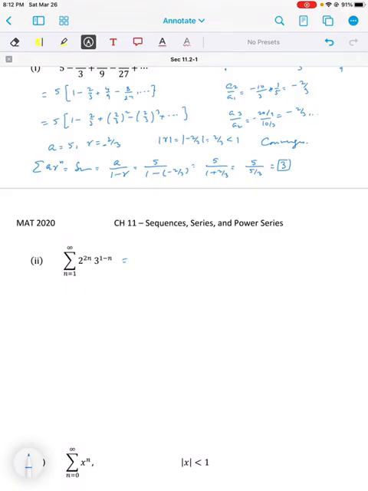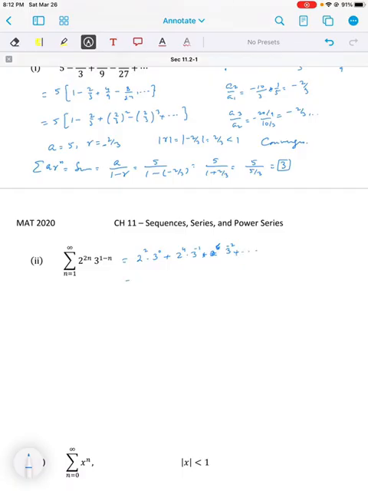When n is 1, we get 2 raised to the power 2 times 3 raised to the power 0, plus n is 2, so we get 2 to the 4th, 3 to the negative 1, plus 2 to the 6th and 3 to the negative 2 and so on.